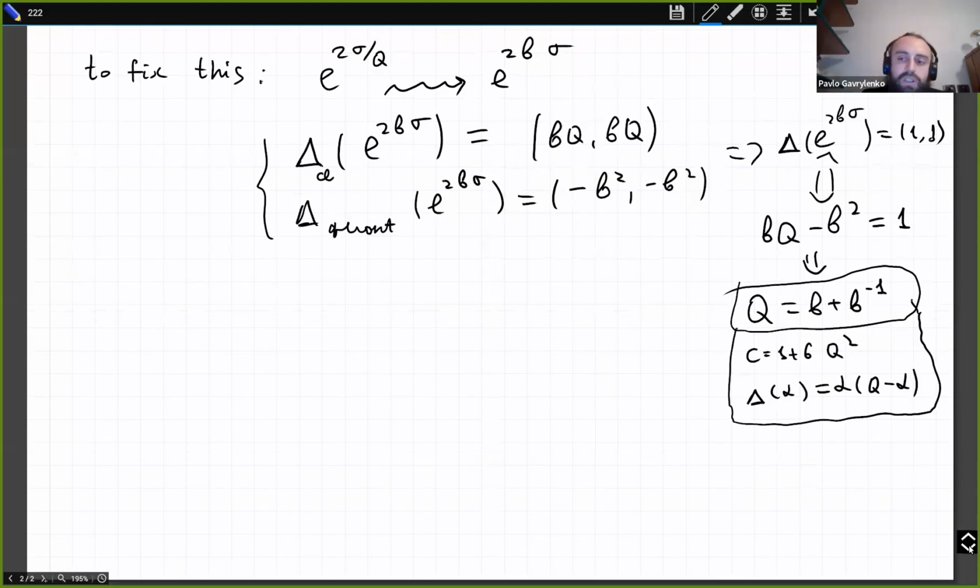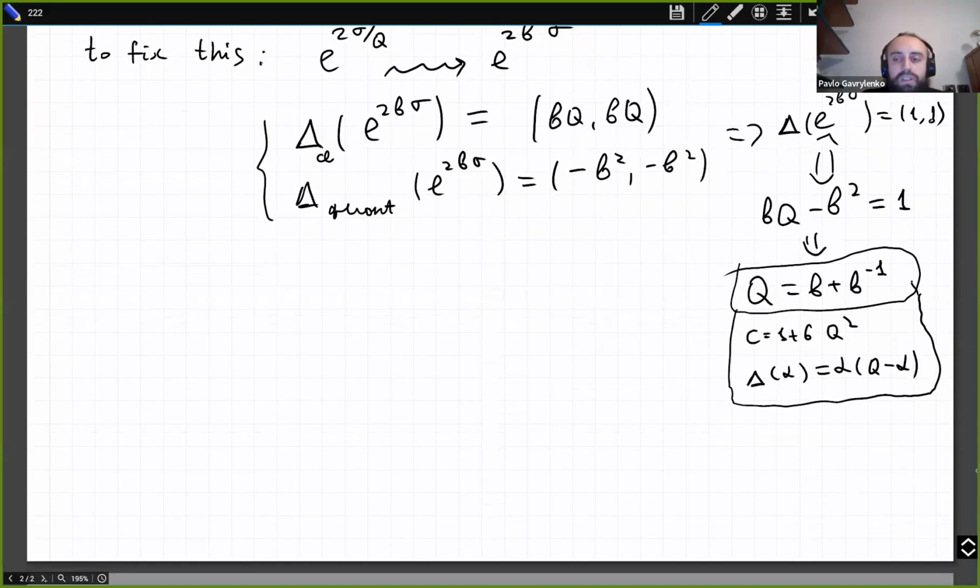And in some sense, this Liouville theory is a kind of generic field theory, especially if it is for something greater than 25.